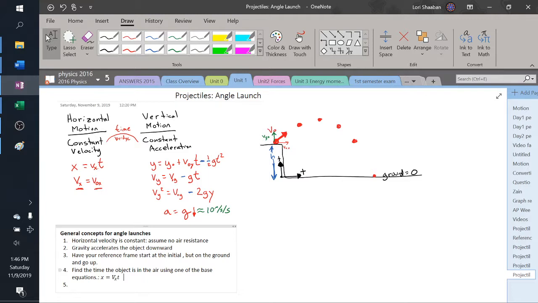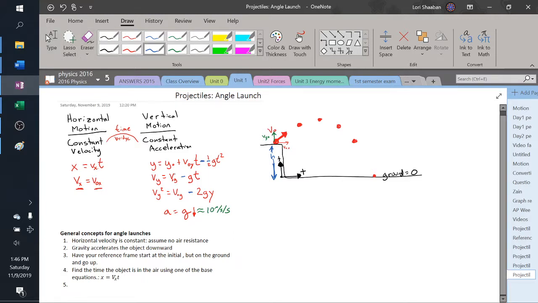With this case, our initial position in the y direction is h, and our final position is 0.